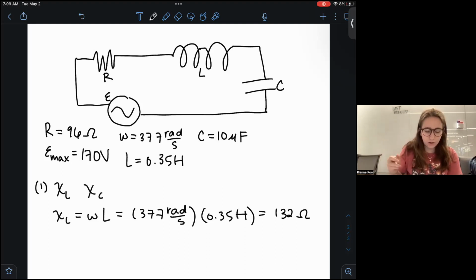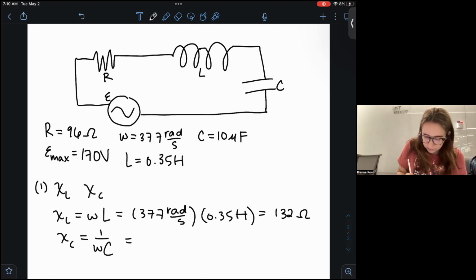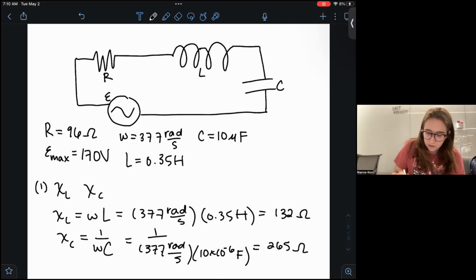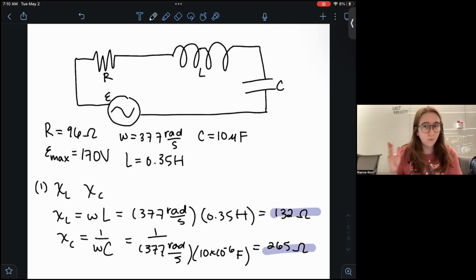And then our chi sub C, our capacitive reactance, is just 1 over omega C, which we can write as 1 over 377 radians per second. And watch out, our capacitance is in microfarads, so we have to convert that. So it's 10 times 10 to the negative 6 farads, which gives us a value of 265 ohms. So those would be our final answers for that one. So that's how you would solve for that.